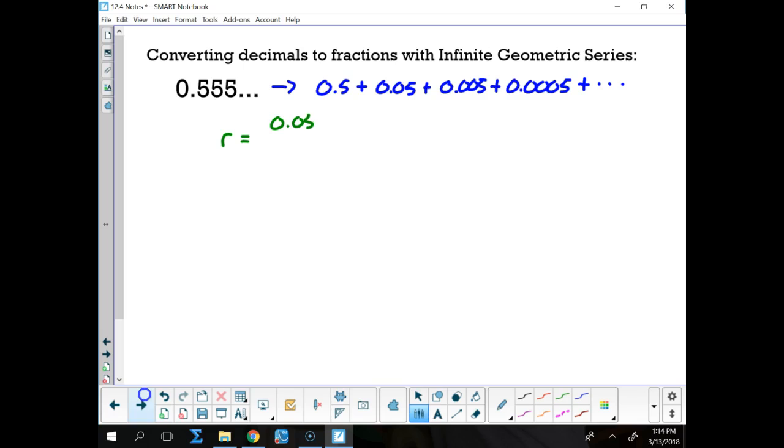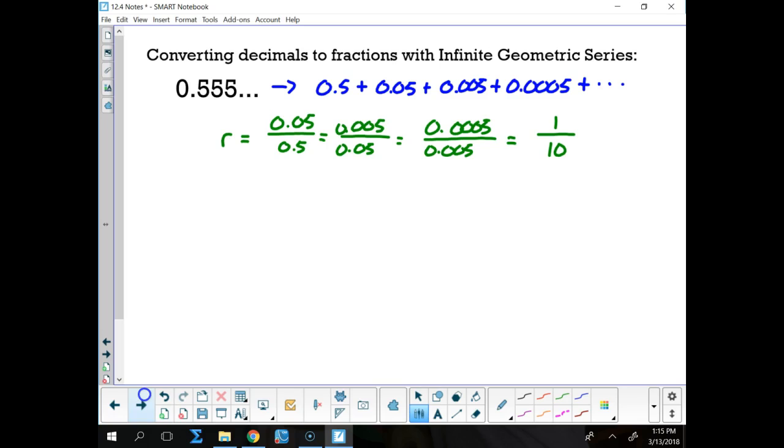So 0.05 divided by 0.5 should be the same as 0.005 divided by 0.05, which should be the same as 0.0005 divided by 0.005, and that's going to be 1/10, right? Or 0.1, which is 1/10. Yes? So, can I find the sum of this infinite series?